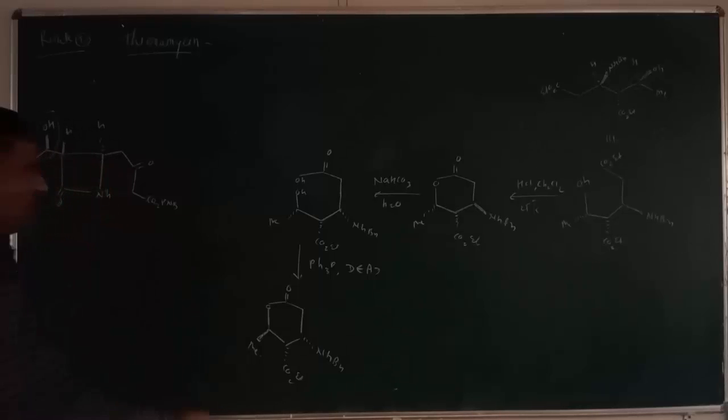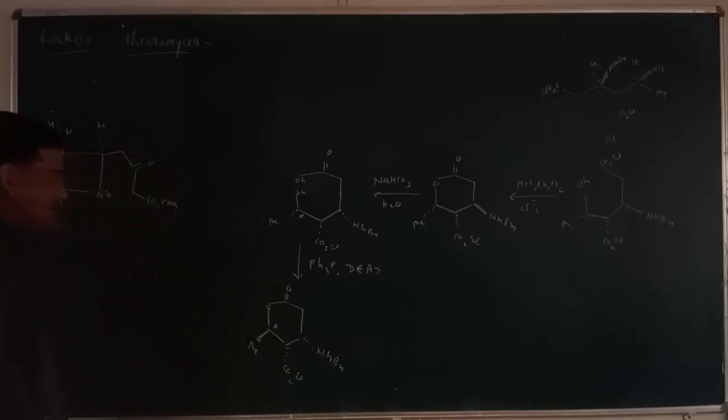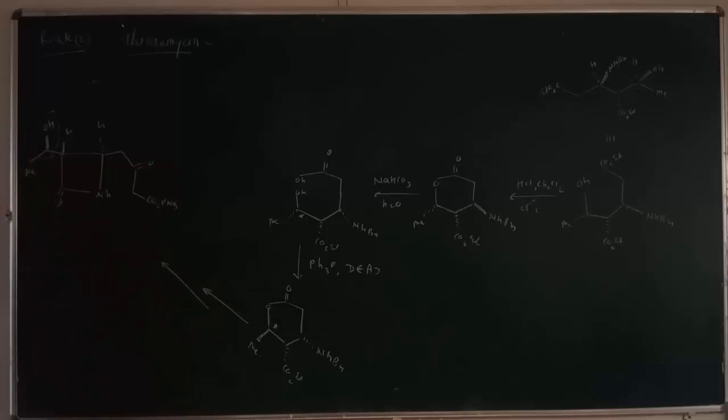So that means there is inversion at the C8 center by using this Mitsunobu reaction, and then in a further step we can convert this molecule into this intermediate, and after that this intermediate can be converted into thienamycin in various stages that were discussed in the previous lecture.